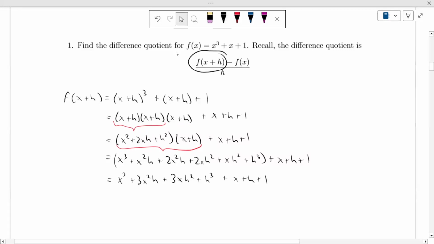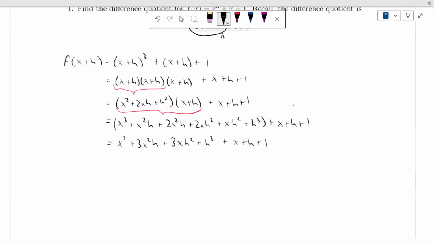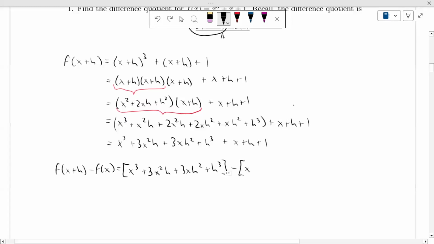Okay, so now I'm going to compute what f of x plus h minus f of x is. Well, we know what f of x plus h is. We just computed it. So that's x cubed plus 3x squared h plus 3xh squared plus h cubed, and then, sorry, I left off part of this one, plus x plus h plus 1.